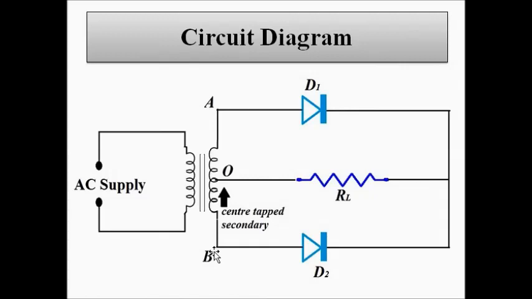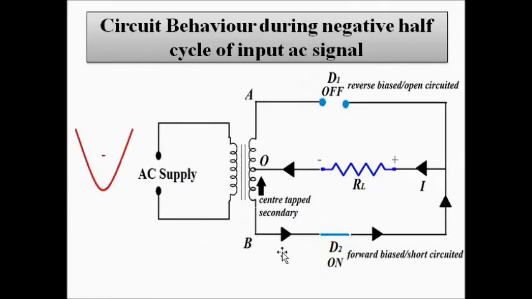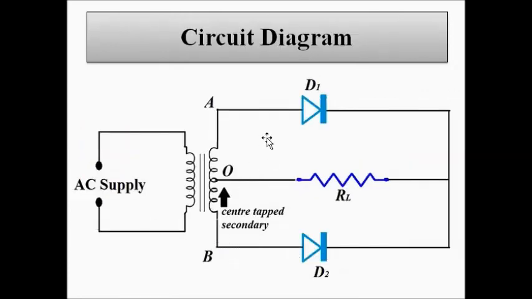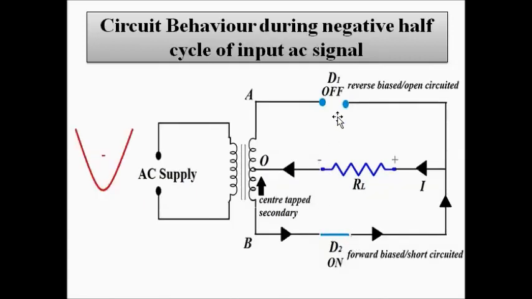As a result, diode D2 is forward biased because it is connected to point B, which is positive, since the polarities are interchanged during the negative half cycle. So D1 is reverse biased, it is off, it is open circuited, while D2 is forward biased, it is on, it is short circuited.